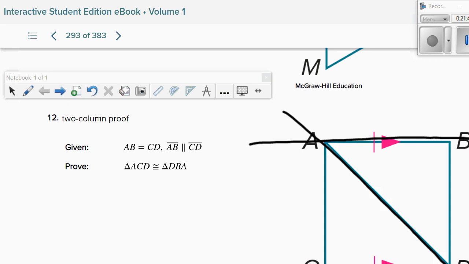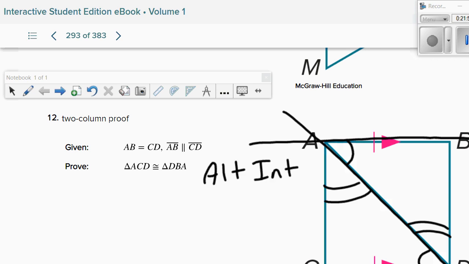Specifically, if you see parallel lines, think transversal. If you know that, then I can say that these angles are equal, and these angles are equal by alternate interior angles. All the time, 100% of the time.